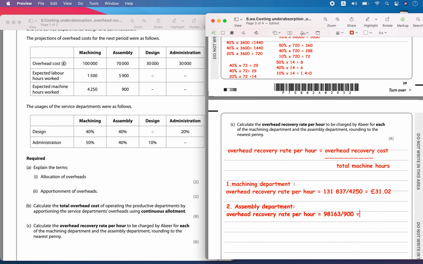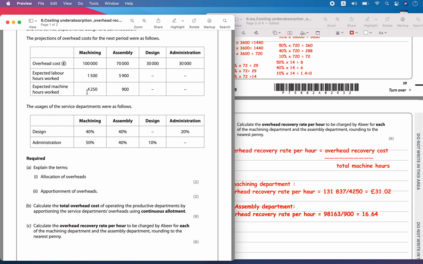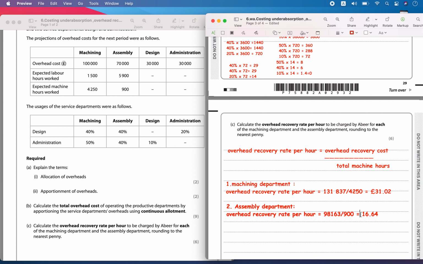So that value is going to be equal to 16.64 pounds. So let's write that.